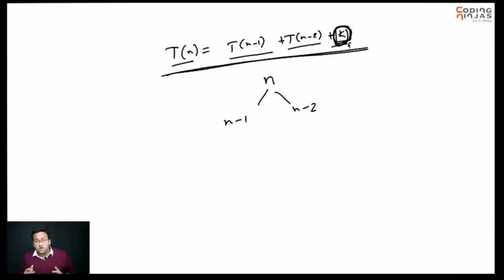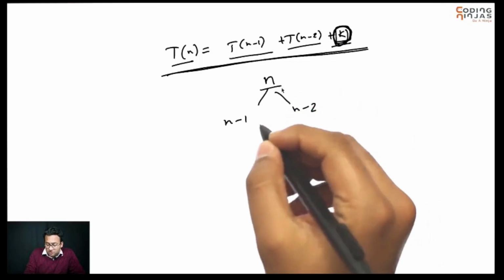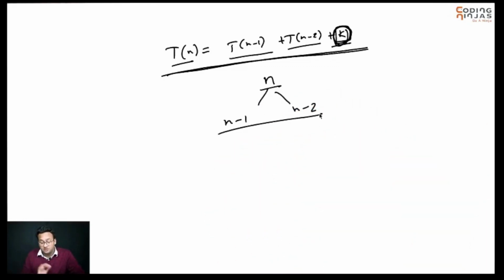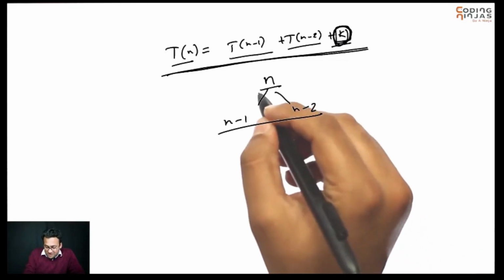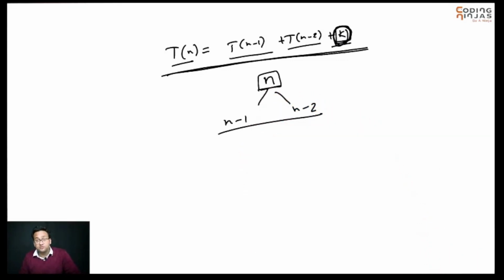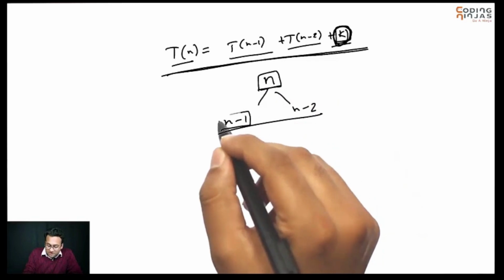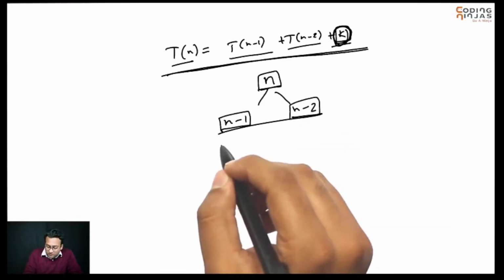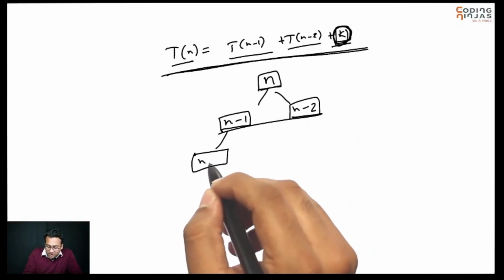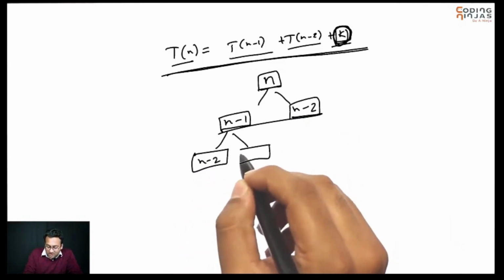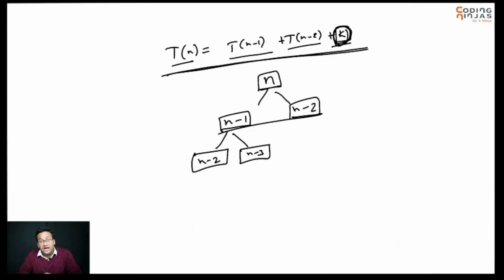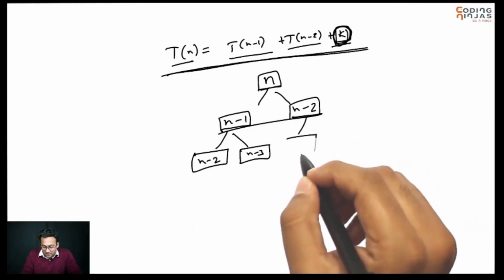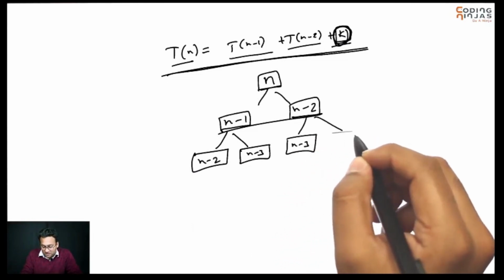If we know how many function calls there are, we will be able to solve this problem. Perfect. So what I'm saying is, a function which got input n is calling a function n minus 1 and n minus 2. N minus 1 is calling n minus 2 and n minus 3. N minus 2 is calling n minus 3 and n minus 4.